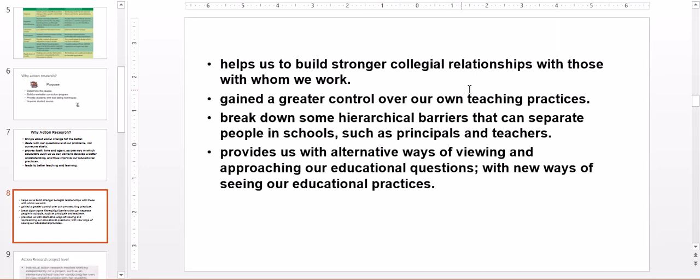It helps us build strong collegial relationships with those we work with, because we are able to share our experience and findings with our closest friends, so that we bring change in the teaching community. We gain greater control over our own teaching practice.